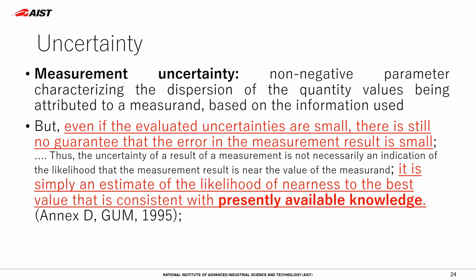It doesn't mean that your result is close to the defined measurand. Your result may be the best value obtained from the available information. If we are not aware of something that seriously affects measured results, our measured result may deviate seriously from the definition.